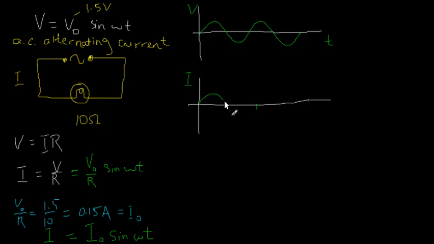So it looks like this, against time. And for the voltage, the maximum value is 1.5 volts. Units of volts, time in seconds. Current is in amperes, and the maximum current is I naught, which is 0.15 ampere in this case.